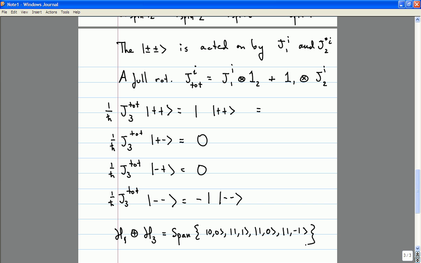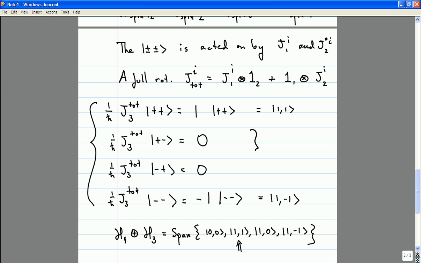And if you just look at these formulas up here, you can begin to see exactly how that's going to have to work. So let's look at this state here. That's the state with 1 unit of angular momentum in the J3 direction, so that has to be plus plus. And likewise, this one down here has to be the 1, minus 1 state.